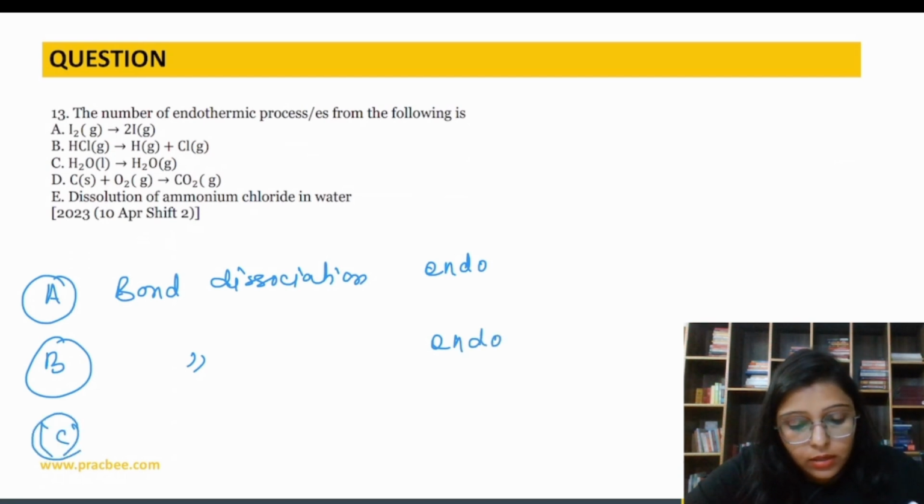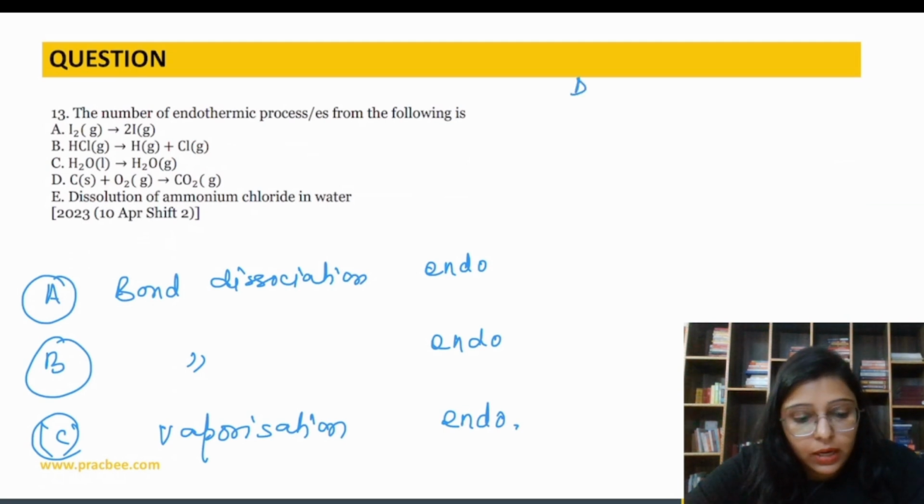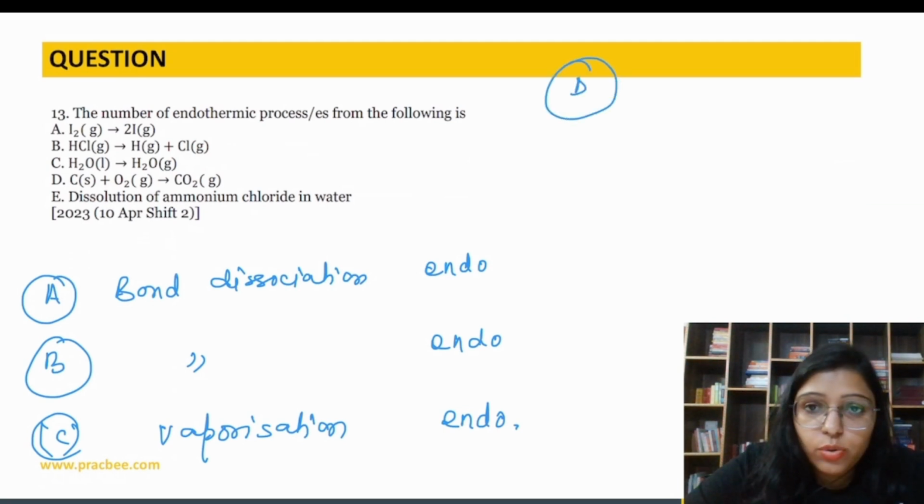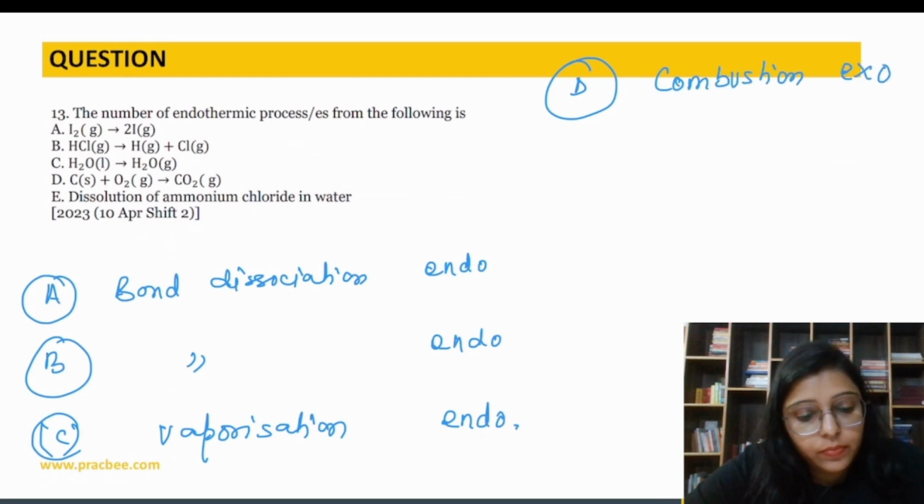C, H2O liquid gives H2O gas. That's the process of vaporization, which is also endothermic. Now D part. Carbon solid plus O2 gas gives CO2 gas. That's the combustion process, and combustion is exothermic.